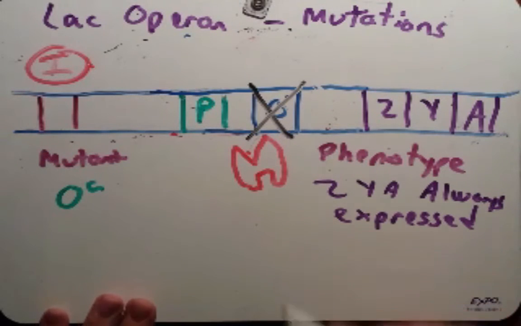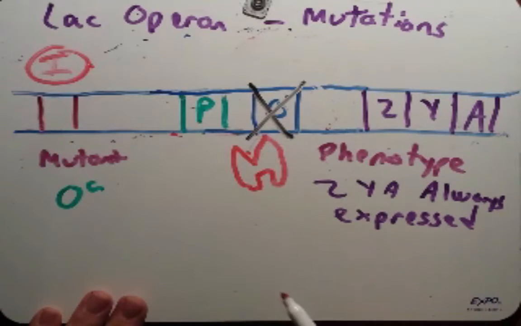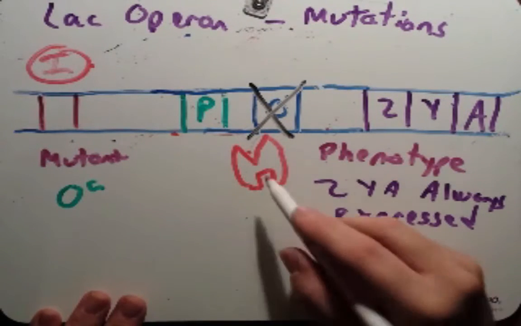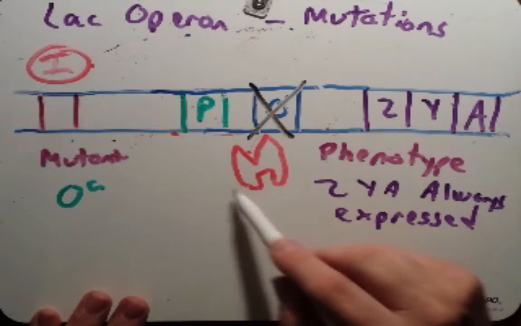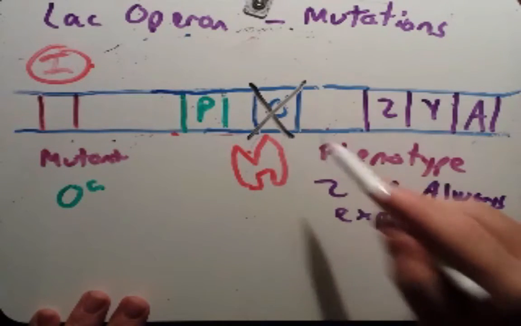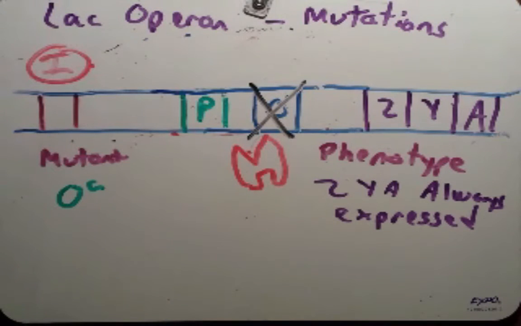Now the repressor is perfectly fine. It could bind DNA if it had a place to go. It just is no longer there. It's searching for it, but it can't find it. The repressor could also still bind lactose, but it's not going to have any effect because, again, this repressor only has a job if it can bind to the operator. If it can't bind to the operator, it's just floating around.